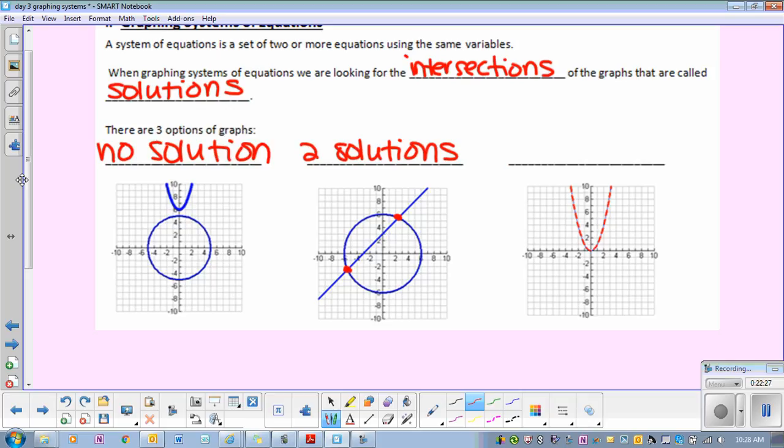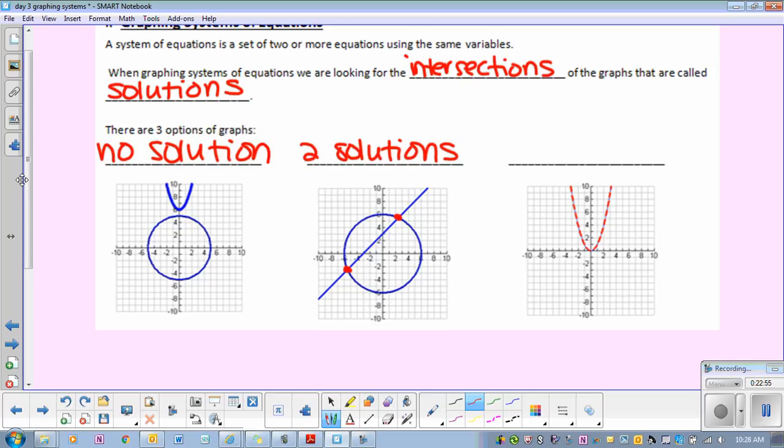Well, the next one looks like there's only 1 parabola, right? But I told you that there are 2. So then where's the other one? It's overlapping. Yeah. The other one is right on top of it, right? So then what does that mean for how many places they intersect? How many different places are these 2 parabolas crossing or meeting each other?